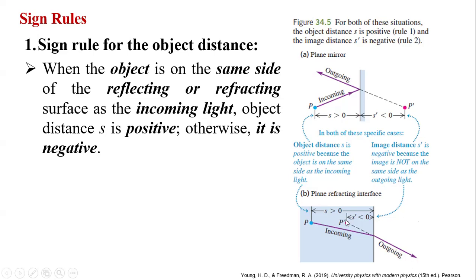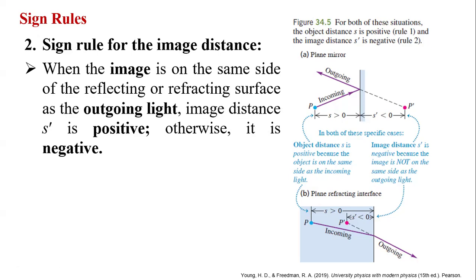That is for sign rule number 1: just look at the incoming rays and the object. If the object is on the same side of the reflecting or refracting surface as the incoming light, then it is positive. Otherwise, it is negative.